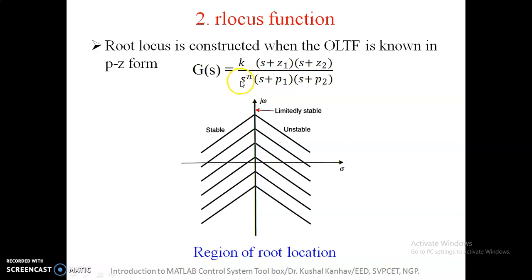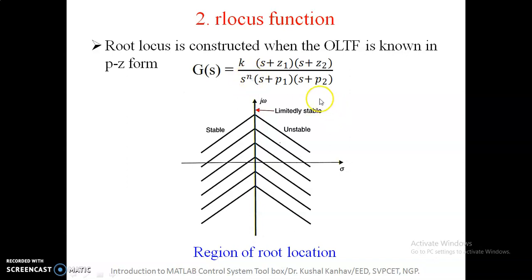And if we solve this complete denominator polynomial, then the highest power of s indicates the order of the system. So the order of the system depends on the highest power of s after simplifying, whereas the type of the system depends on this particular part, s to the power n.